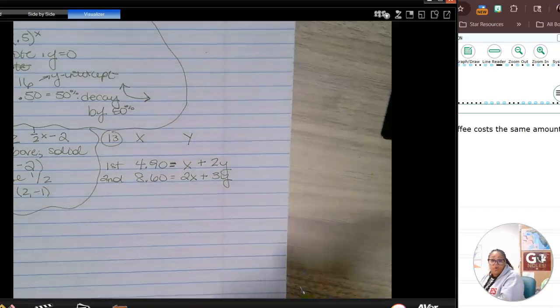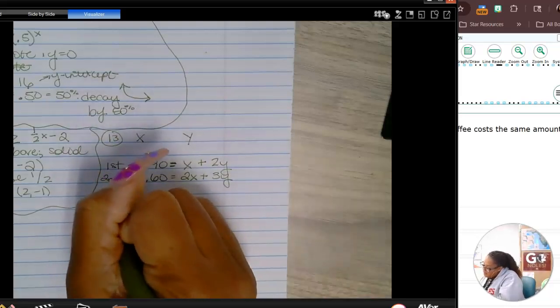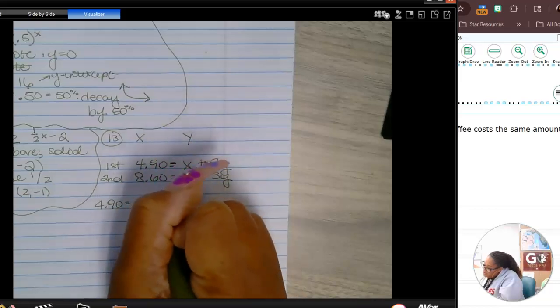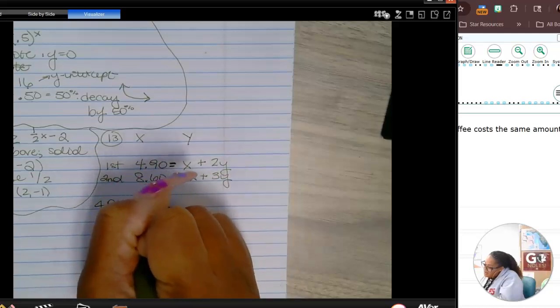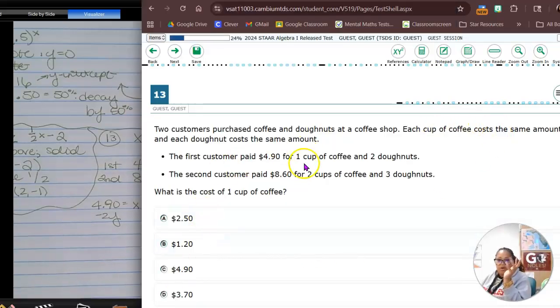Now I need to always solve for Y. Actually, you can solve for X too. So I could say $4.90 for my first customer equals X plus 2Y. You can get rid of 2Y on both sides. Only solve for X when you have a system. So when you have two of these situations, two of these bullets, okay?